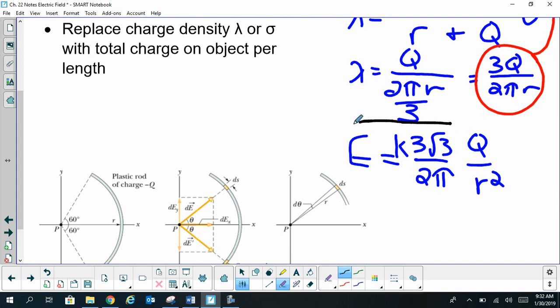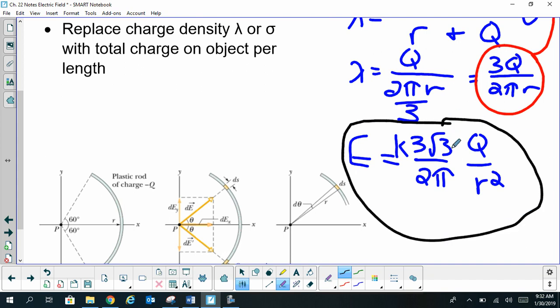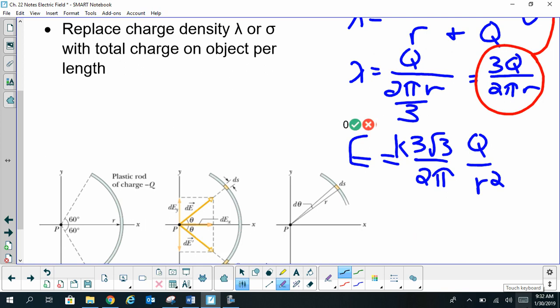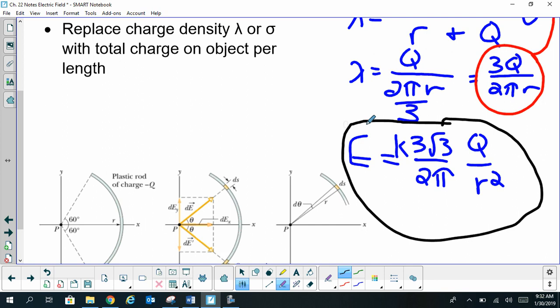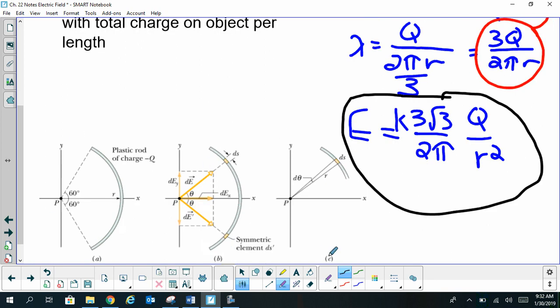This is our electric field for this charge distribution that is shown here.